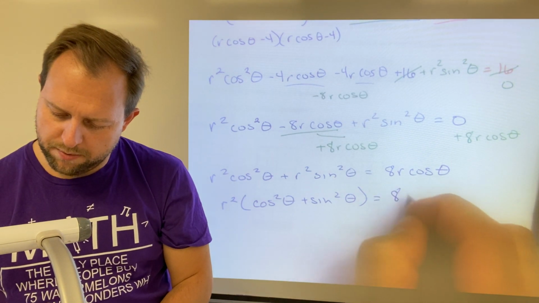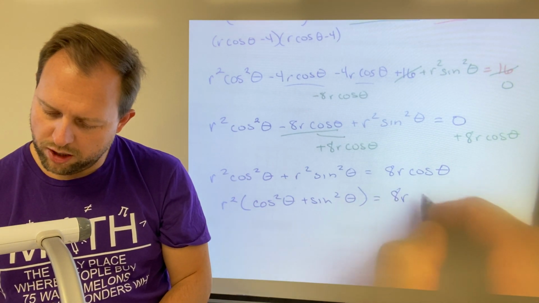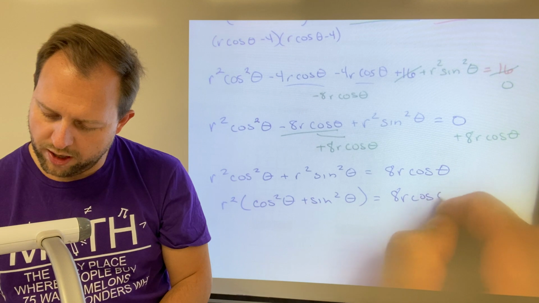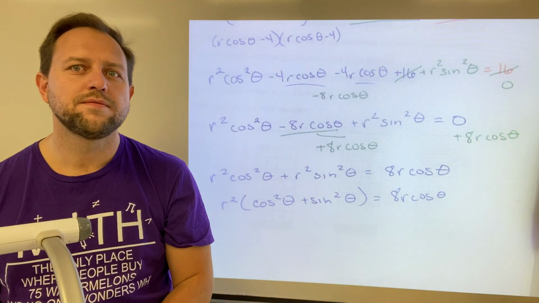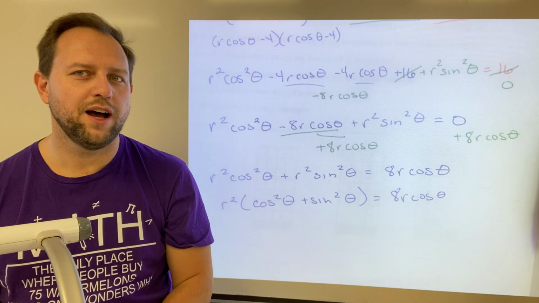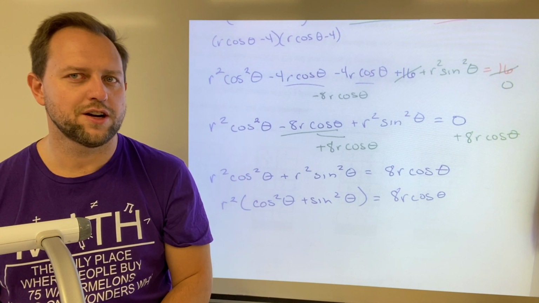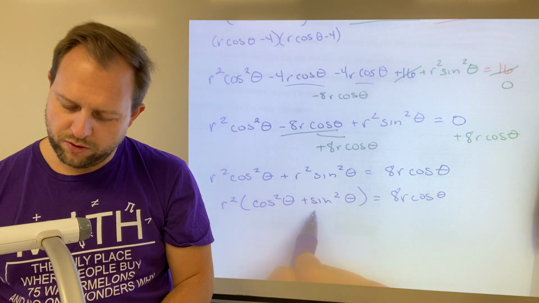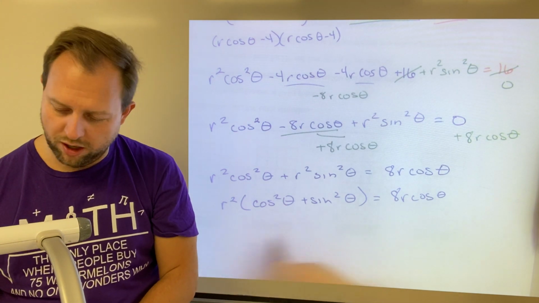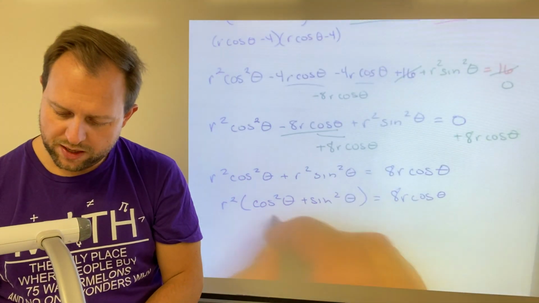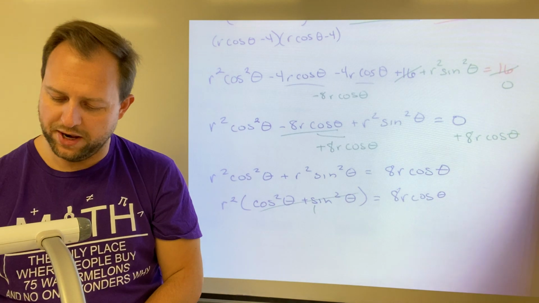And what do we remember that equals? Sine squared plus cosine squared equals, look it up, you may need your identity chart from last semester. Sine squared plus cosine squared equals 1. So this whole thing just became 1.